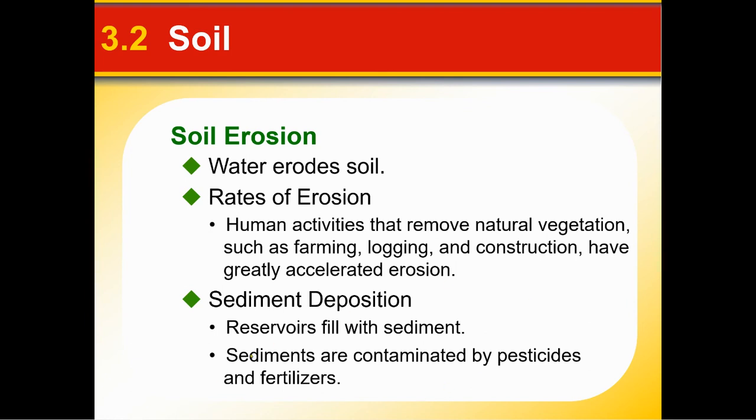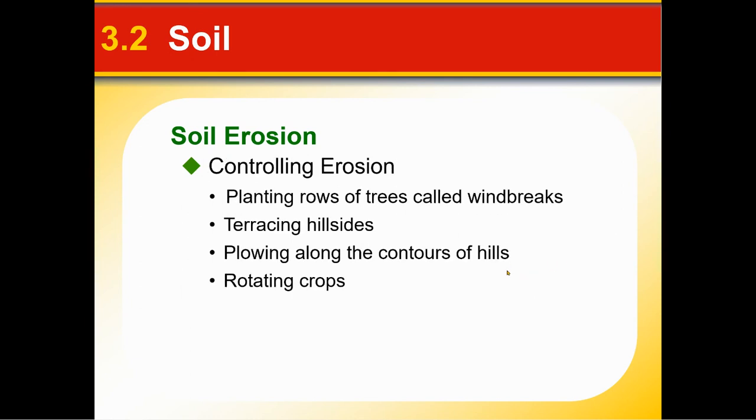So when we use pesticides and fertilizers, we're destroying the sediment. And as we remove natural vegetation, we are also causing the erosion rate to increase. How can we control erosion?